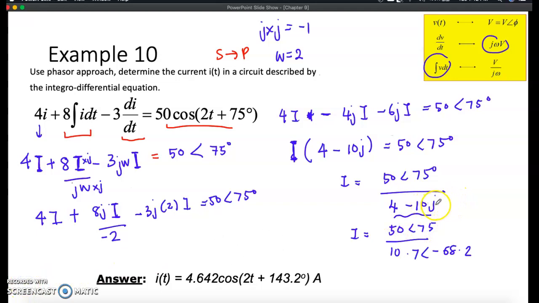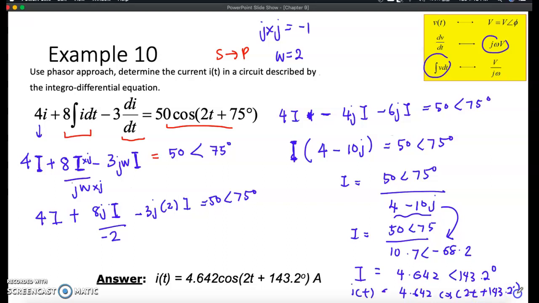By changing the rectangular form to the polar form and using your calculator, you can get 4.642 angle 143.2 degrees. Always leave your final answer in the sinusoid again. So it will become 4.642 cosine 2t plus 143.2.